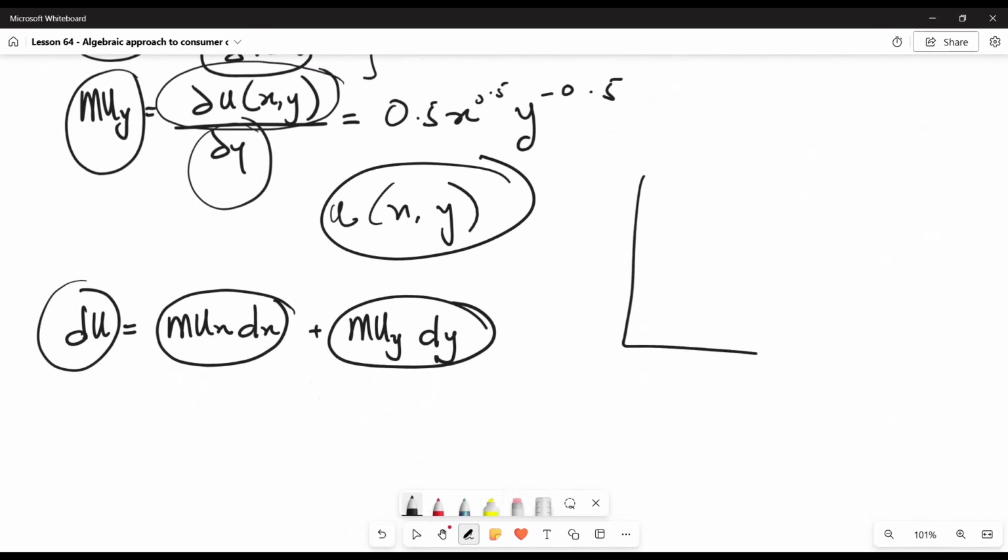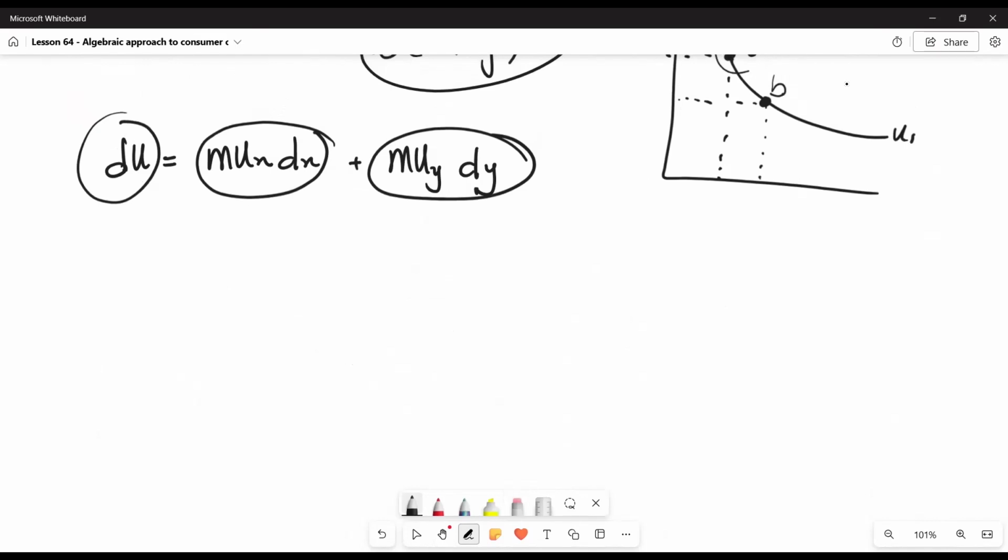So if you have an indifference curve like U1, and you have a point A which has this amount of good X and this amount of good Y, if you increase consumption of good X to this amount and decrease the consumption of good Y, which moves you from point A to point B, there is a change in good Y and good X as we move from point A to point B. But this change does not affect total utility because we are on the same indifference curve.